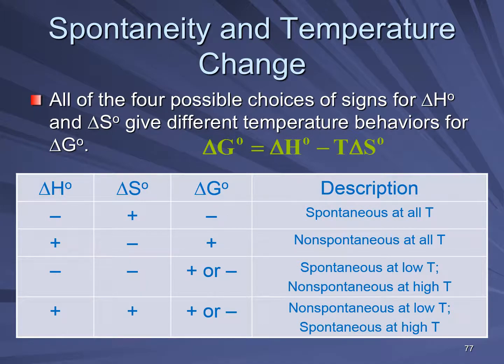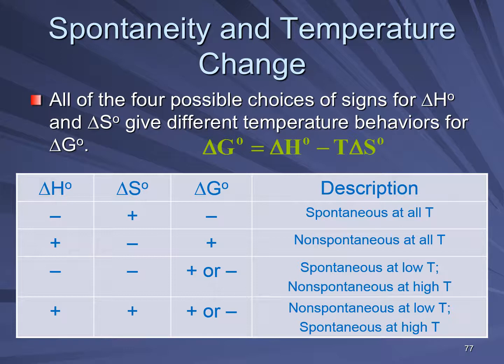And so what we're going to do is sort of interpret overall signs here, and we'll pull up the table. So in the first instance where we said delta H is negative, which is exothermic, and delta S is positive, which is becoming more disordered, we tend to think of both of those as happening spontaneously. And in fact, if you plug that in, so if you think about a positive delta S, then that makes that whole second term negative because it's minus T delta S. And if delta H is negative, that means that delta G will be negative no matter what.